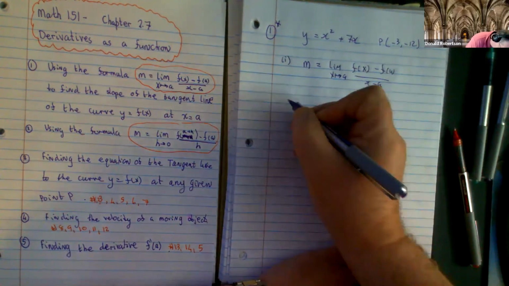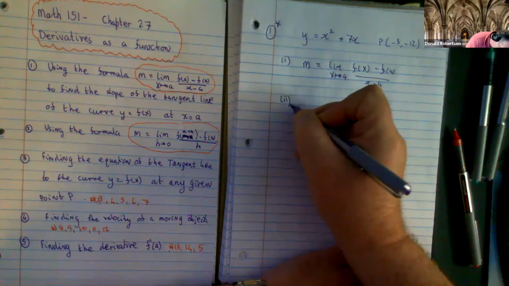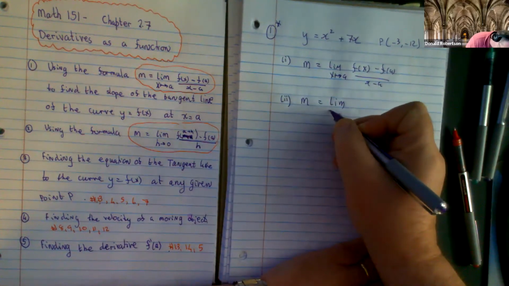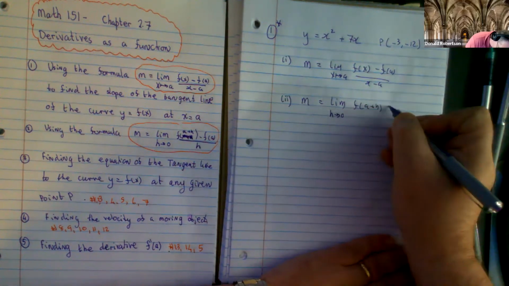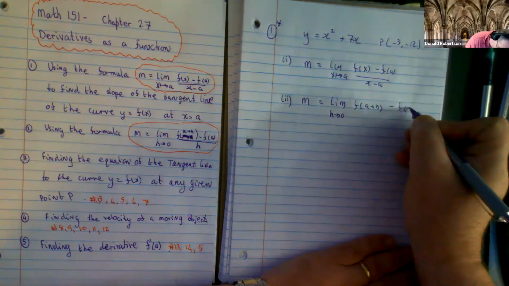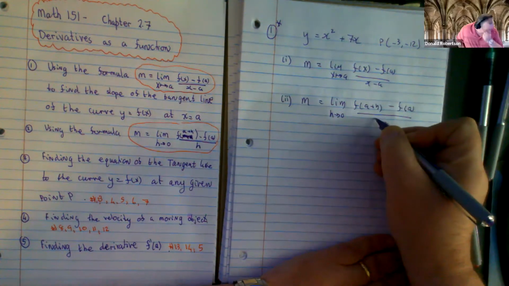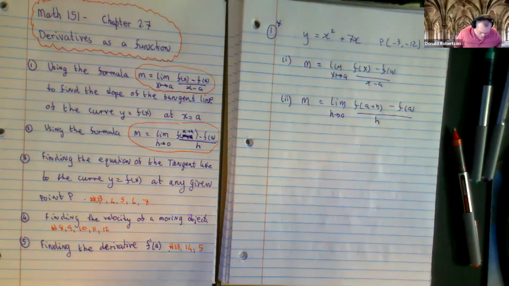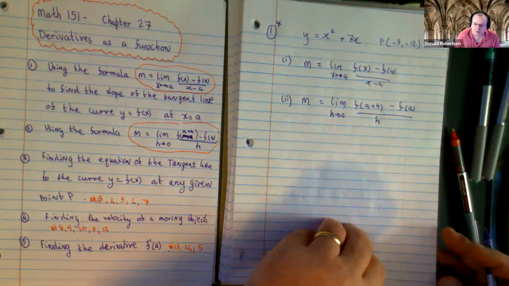And in the second question, we're going to use the limit as h tends to 0 method. So let's do it both ways.